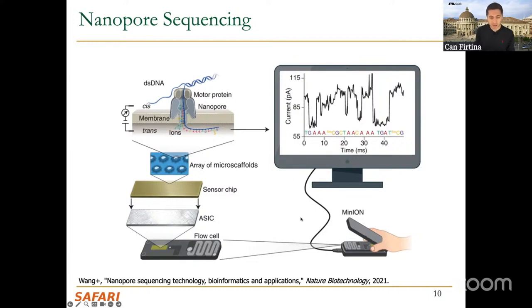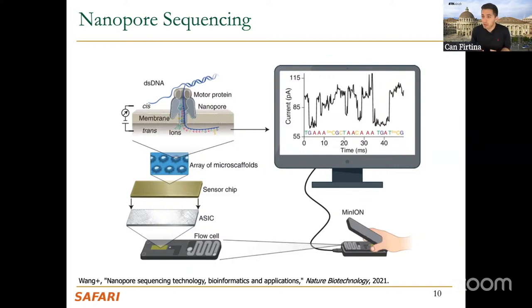So this is a picture of the main steps in nanopore sequencing. What I want to show here is that the technology itself is so tiny that you can design a product that is essentially small, that can even fit in the palm of your hand.